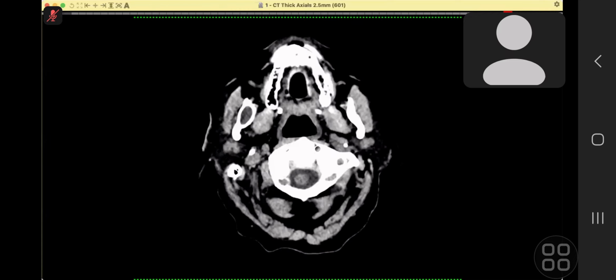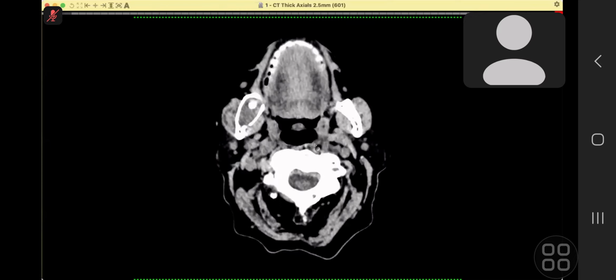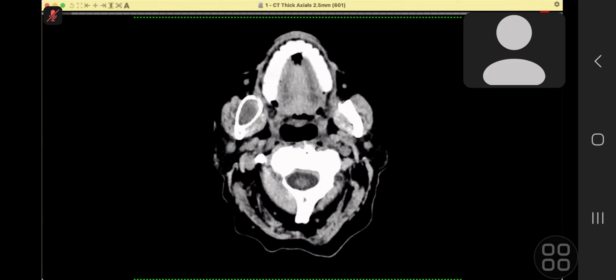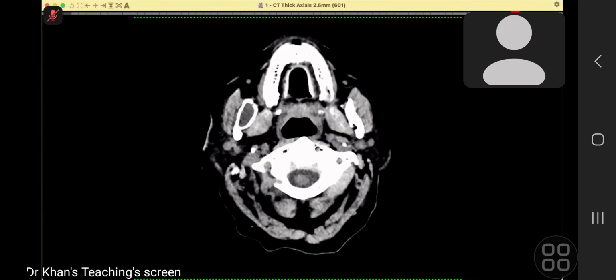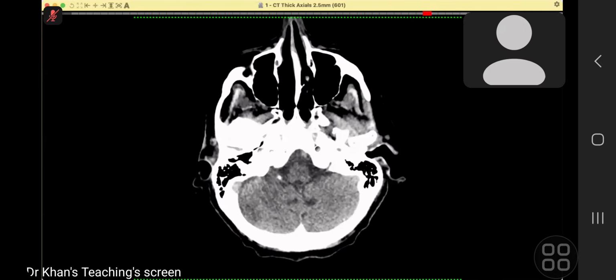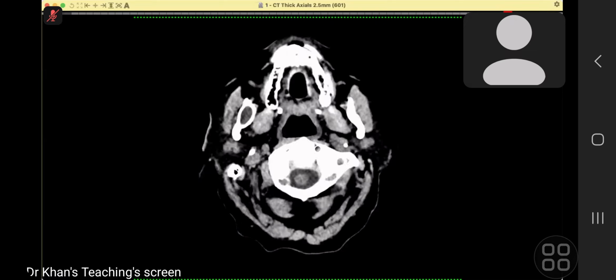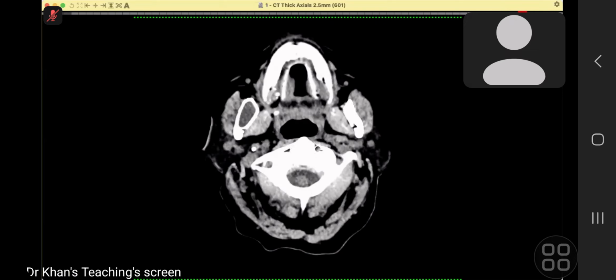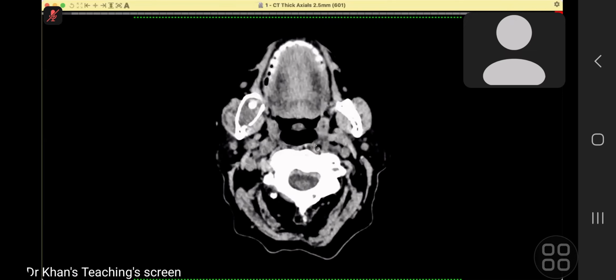So in the first look, I've not been able to see any area of an obvious bleed, but here in the basal sections, I can see that there is a lesion. There is an expansile lesion within the bone.